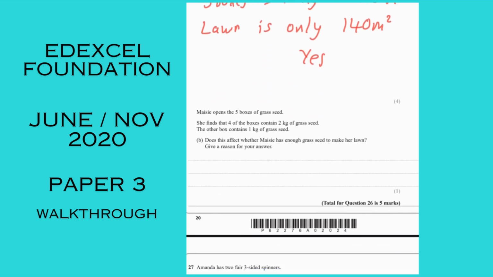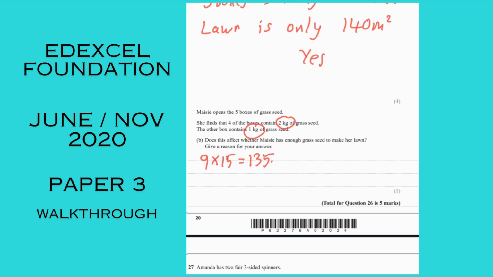So Maisie opens up. 4 of them are fine. 1 of them, she hasn't got as many kilograms of grass seed. So 4 2s are 8. She's only got 9 kilograms of grass seed. As we know, each kilogram can cover 15.